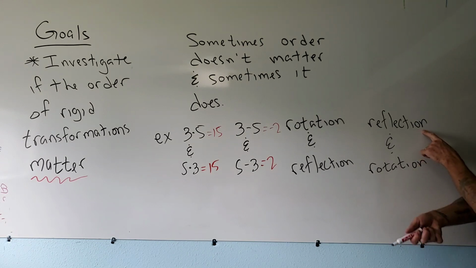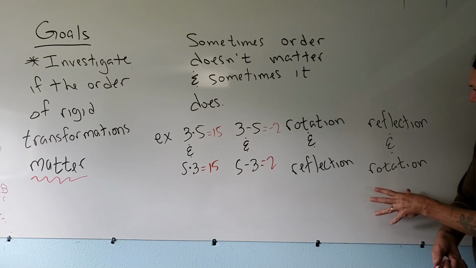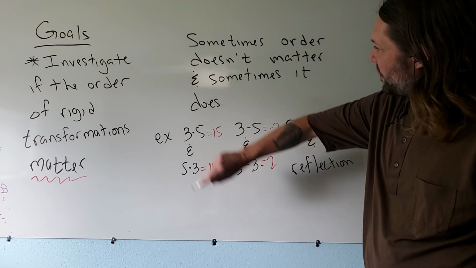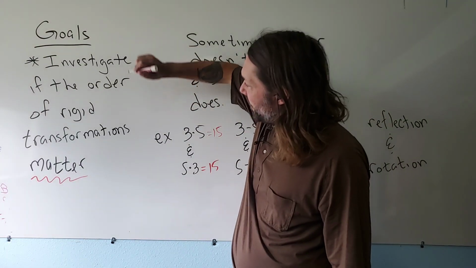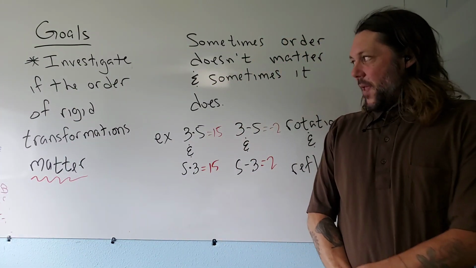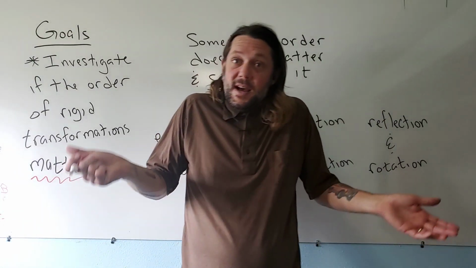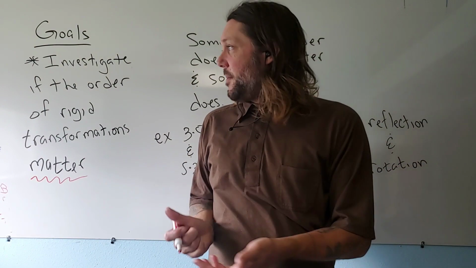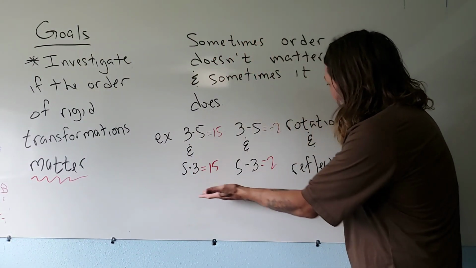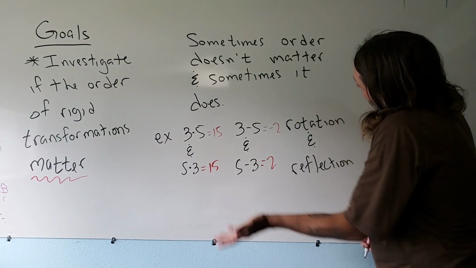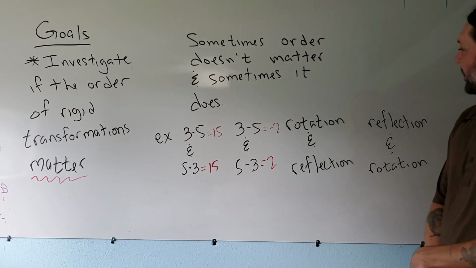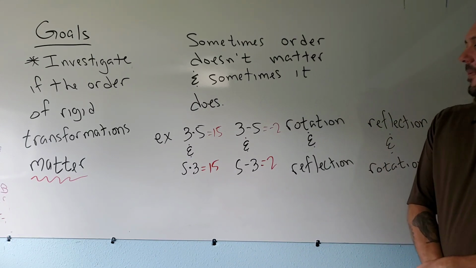So we do a reflection, and then a rotation, and then we're going to consider the goal. Does the order of rigid transformations matter? To be honest, I don't know the answers. It may sometimes matter, sometimes it doesn't. So it's a pretty simple assignment.